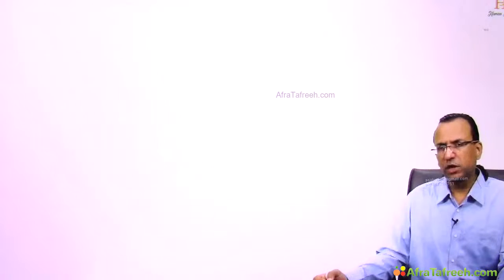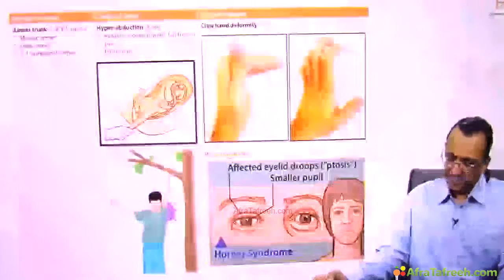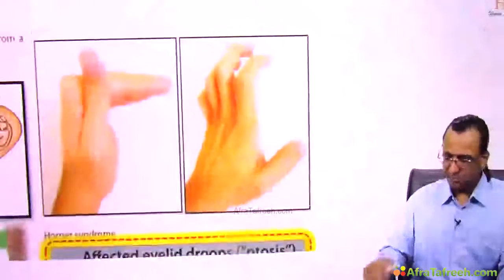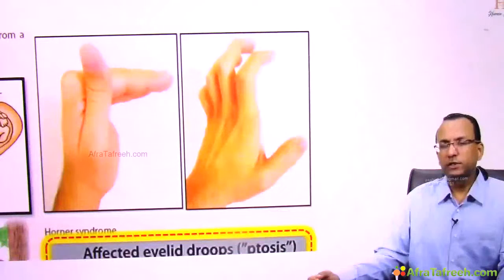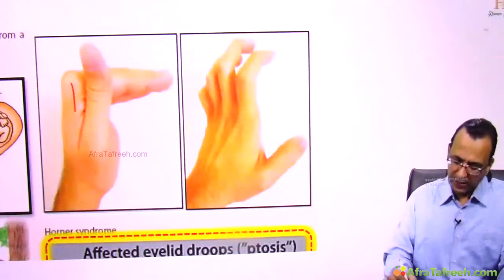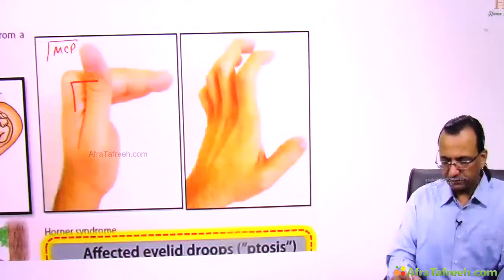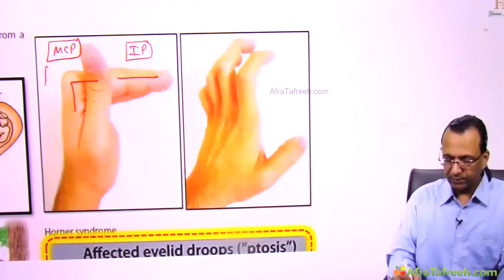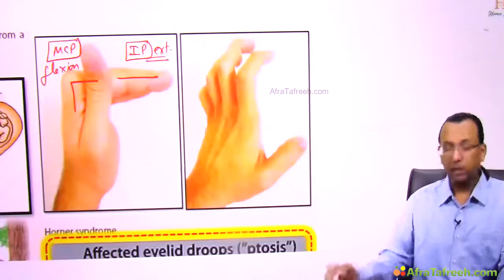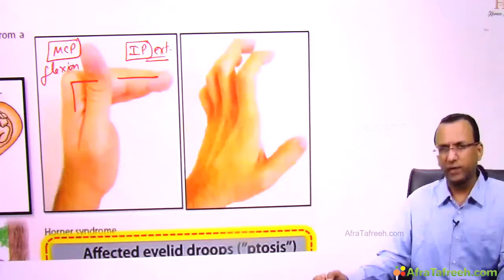As you want to talk about the claw hand deformity, you have to understand that MCP flexion and IP extension is done by the lumbrical and interosseous together. We will discuss this later as well.